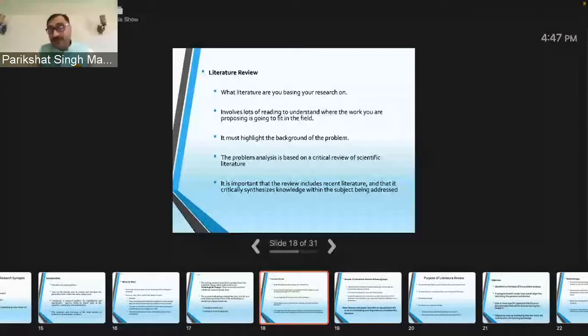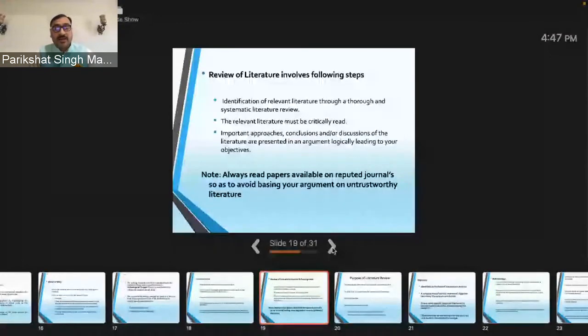Now, when we talk about critically read, when I tell my students or scholars to start working, even students when they work on their assignments, an important aspect that we keep telling them is to try to read every piece of research you are reading in such a manner that you are critically able to understand or build out the third dimension of that particular writing.